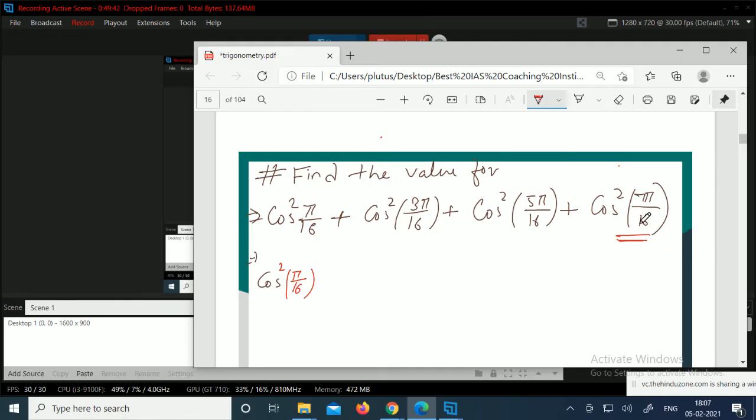So I am writing this angle as cos square pi plus pi by... Sir, it cannot be pi by 16. One minute, this is pi by 2 minus, we can use pi by 2.